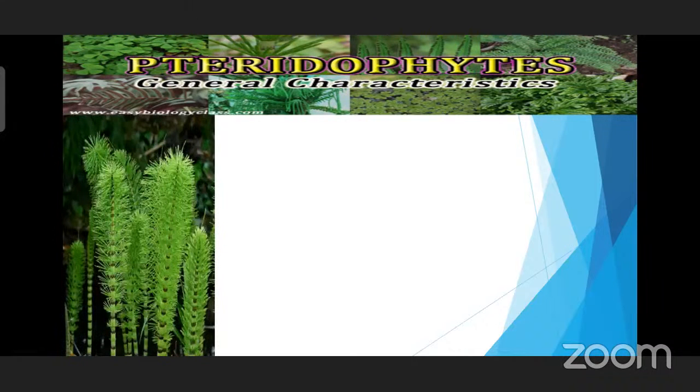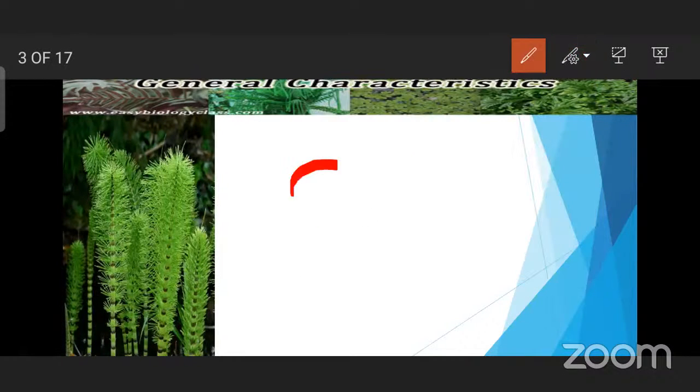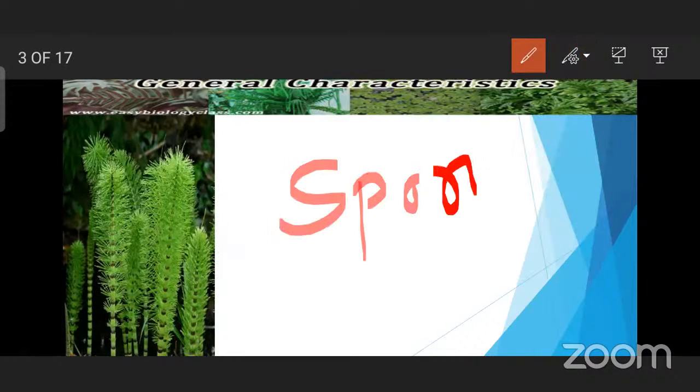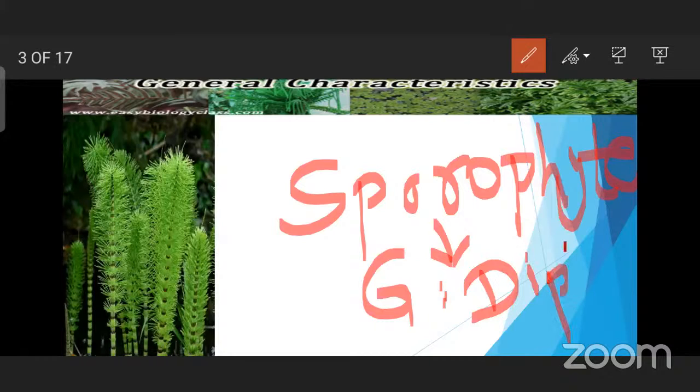So in pteridophyte, the dominant structure is sporophyte. In pteridophyte, you'll be seeing the sporophyte is the dominant, and it is going to produce a gametophytic phase where the gametes are going to form. I hope without any confusion you are going to follow this.